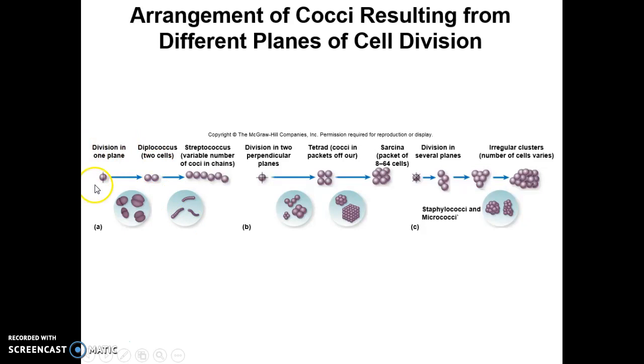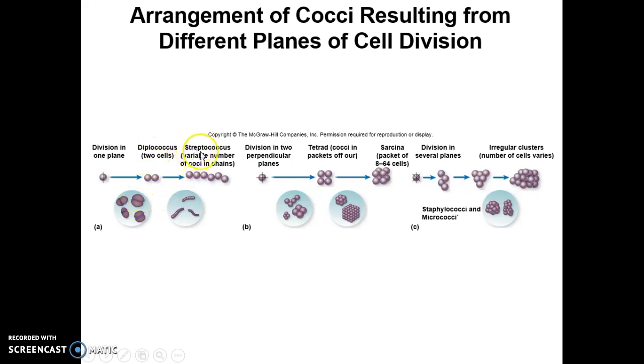Here you have an individual cell, and you see this in one plane. Diplococcus is two cells, and they just simply attach to each other, and that's what you would see on a microscope slide, pairs of cells. So that's Diplococcus.